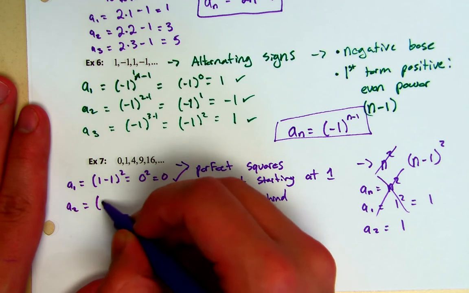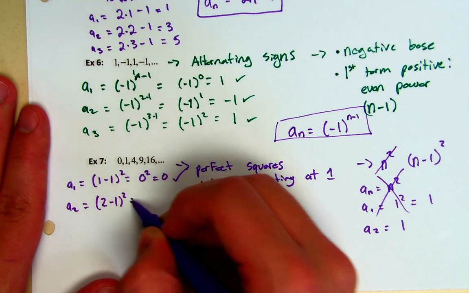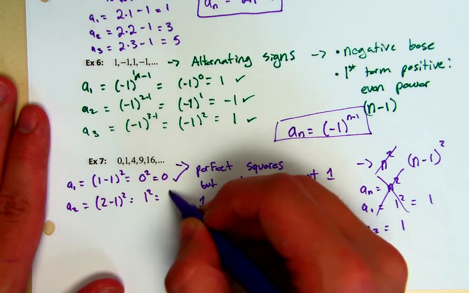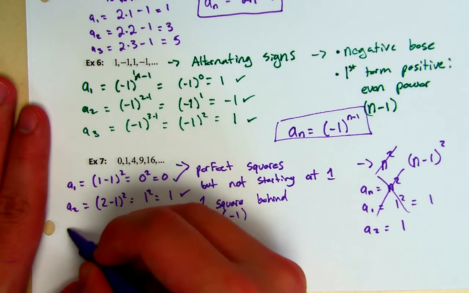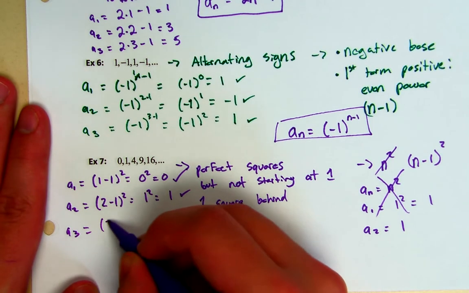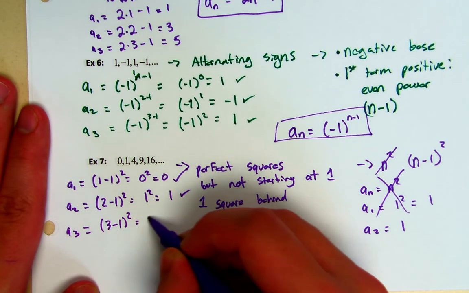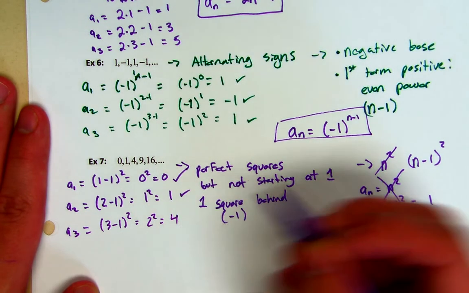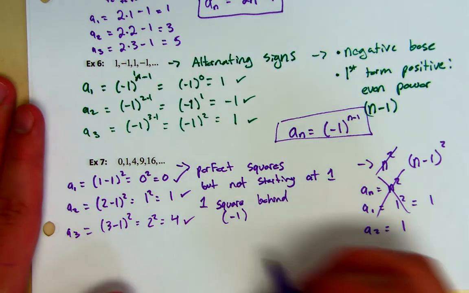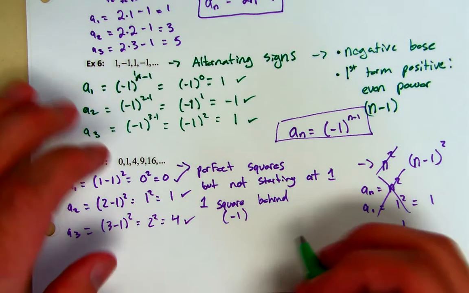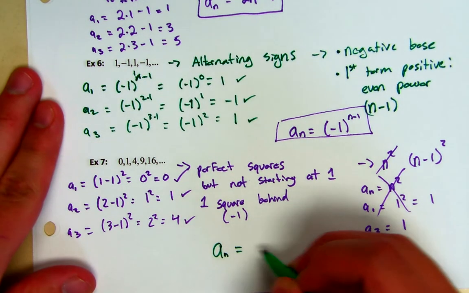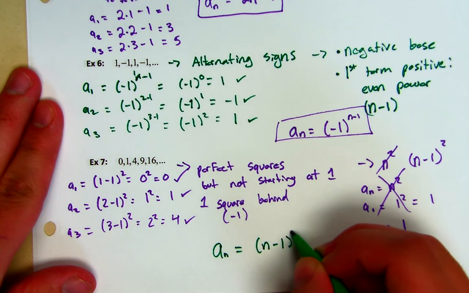a_2 is 2 minus 1 squared, which is 1 squared, which is 1. That checks. Again, a_3, 3 minus 1 squared, we get 2 squared. Well, that's 4. It checks out. So my formula here is a_n equals n minus 1 squared.